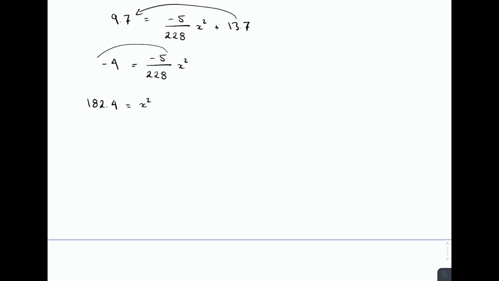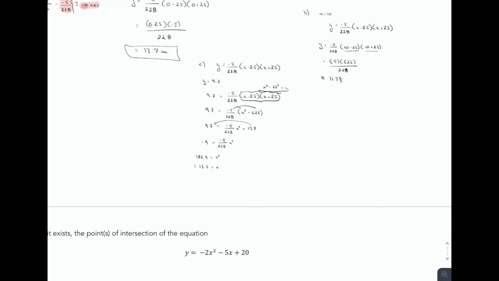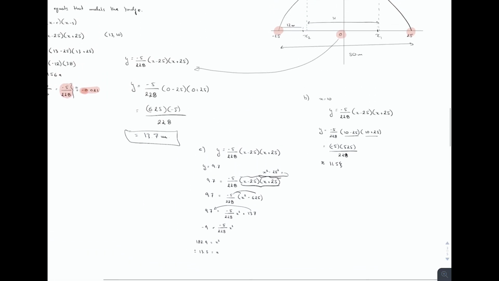Again, I just did all this stuff at once. Final step, I'm going to take the square root of that, which gives me 13.5. And that's going to give me my x. Again, it's plus or minus because we have a positive and a negative value that will give us that. And if I go back to my picture, so that's 13.5.